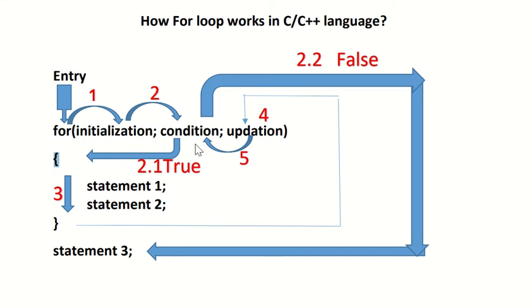But if the condition is false, that means 2.2, directly come out of the for loop bracket, this closing bracket, and execute the next statement. That means any statement after this closing bracket.